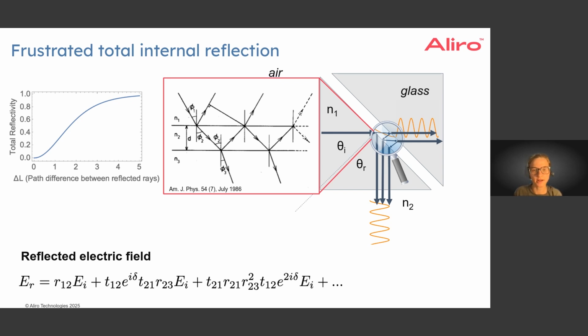And this will go on and on, basically forming an infinite series sum. The size of the back reflections will decrease as you increase the distance between the two panes of glass, because this light was evanescently decaying while it's in this gap region.